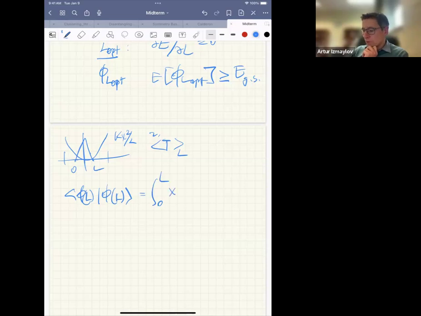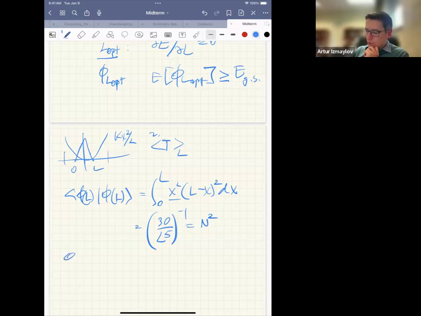First, x squared times L minus x, the same way we did it before. Now with a different power, and we get 30 over L to the fifth. The other way around with minus 1. So that's the N squared factor.